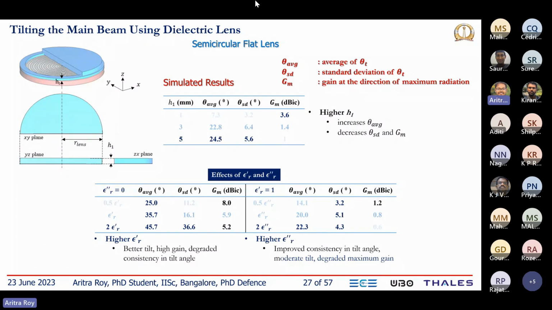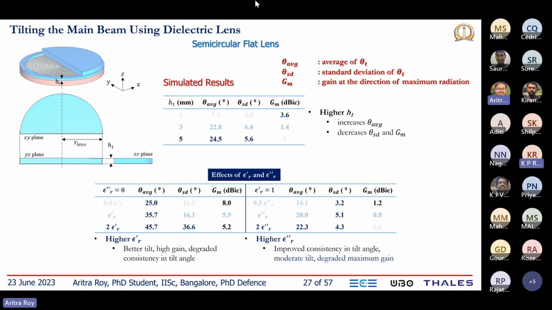In the right part of the table, we have fixed the real part and increased the imaginary part. When we did so, we increased the average tilt angle, but the good thing is that theta SD is small. So from this study, we can say that the real part of the permittivity is important to get a good tilt angle, whereas the imaginary part is important to maintain the tilt angle over a wide frequency band.